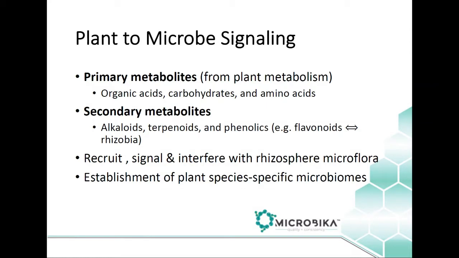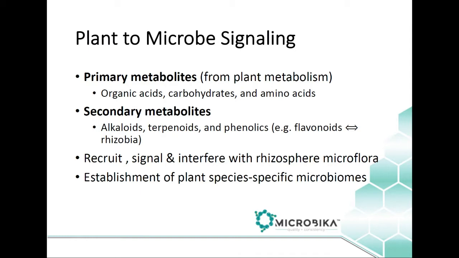And that is the primary signal to recruit microbes to the rhizosphere. Also some secondary metabolites, for example, alkaloids, terpenoids, phenolics, for example, the flavonoid involved in the signaling between the plant and the rhizobia, telling the rhizobia that it's time to infect and form nodules.